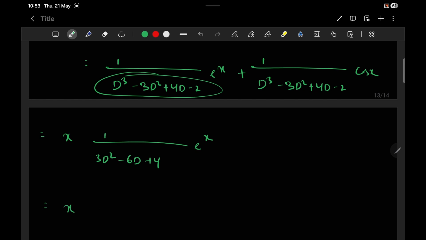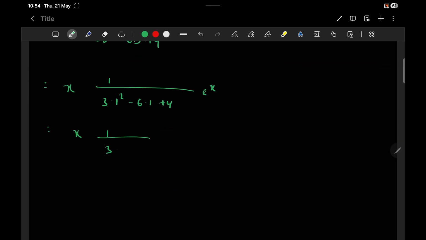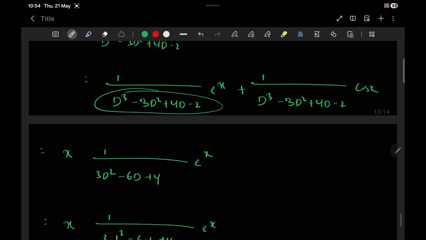X into 1 by 3 into 1 square minus 6 into 1 plus 4 e to the power x, that is x into 1 by 3 minus 6 plus 4 e to the power x, that is x e to the power x divided by 1, so x e to the power x. Again for this term we have 1 by d into d square minus 3d square plus 4d minus 2 cos x.